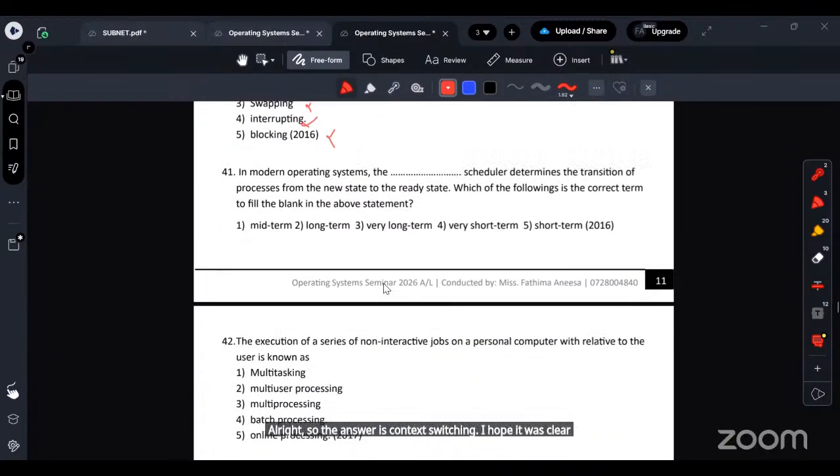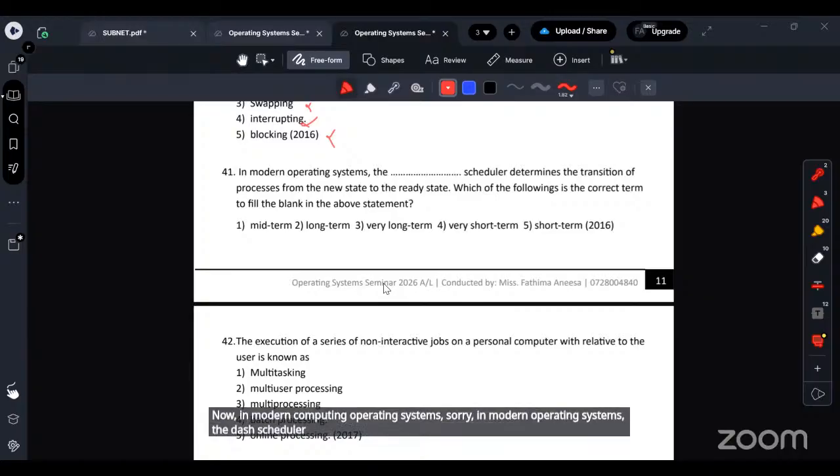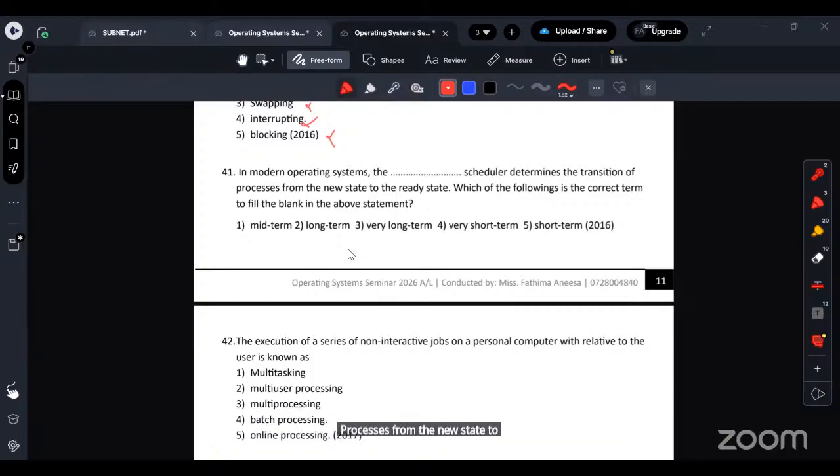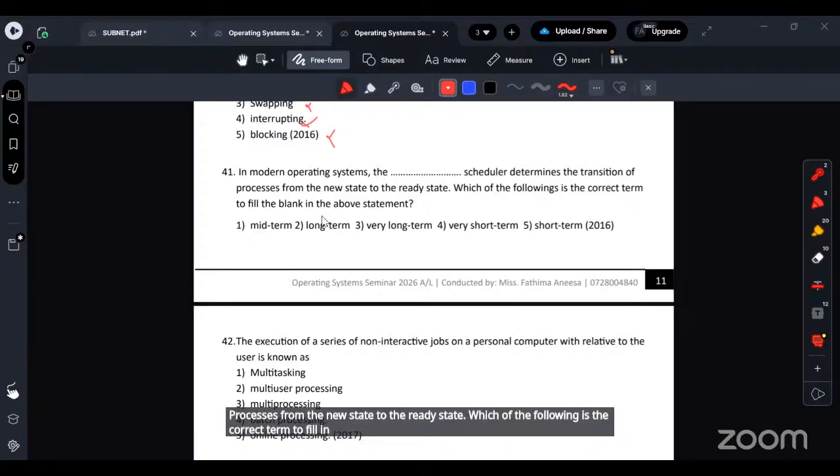Now, in modern operating systems, the dash scheduler determines the transition of processes from the new state to the ready state. Which of the following is the correct term to fill in the blank in the above statement?